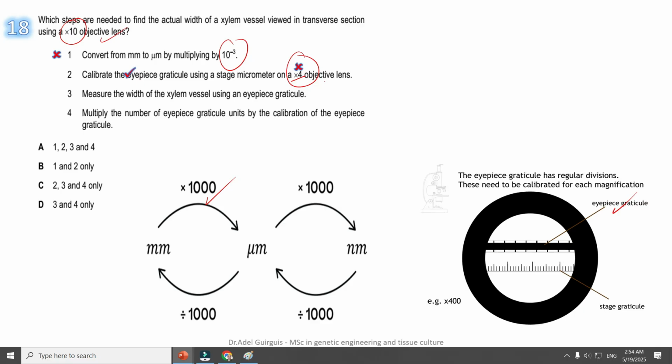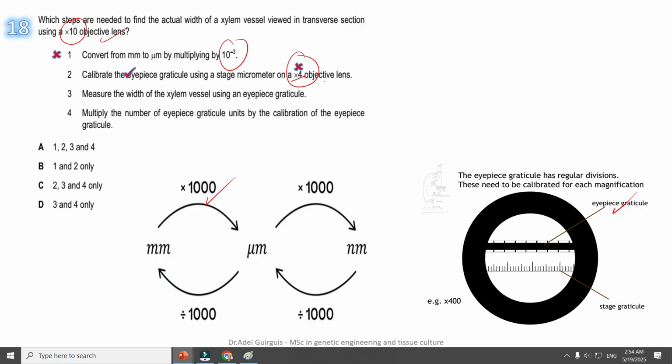Now the magnification equals 400. What is the value of each small division of the graticule? It becomes different. So we have to calibrate using the same objective lens, I mean the 10x objective lens.